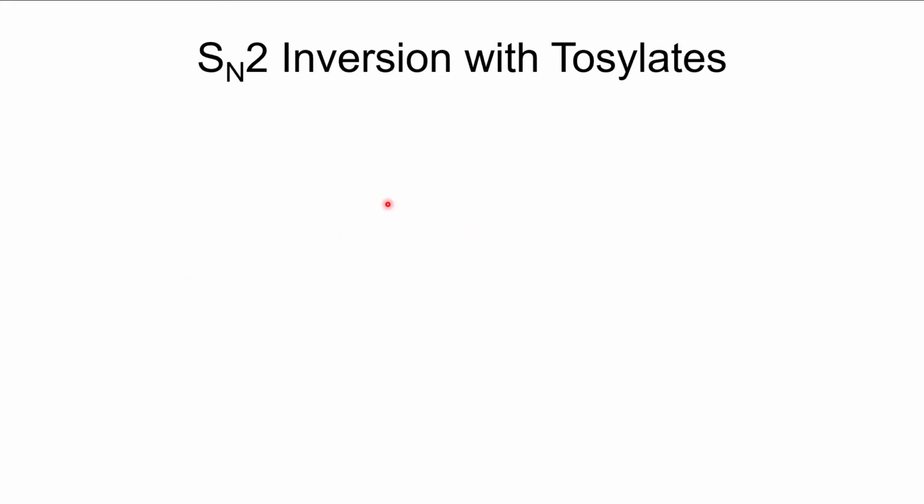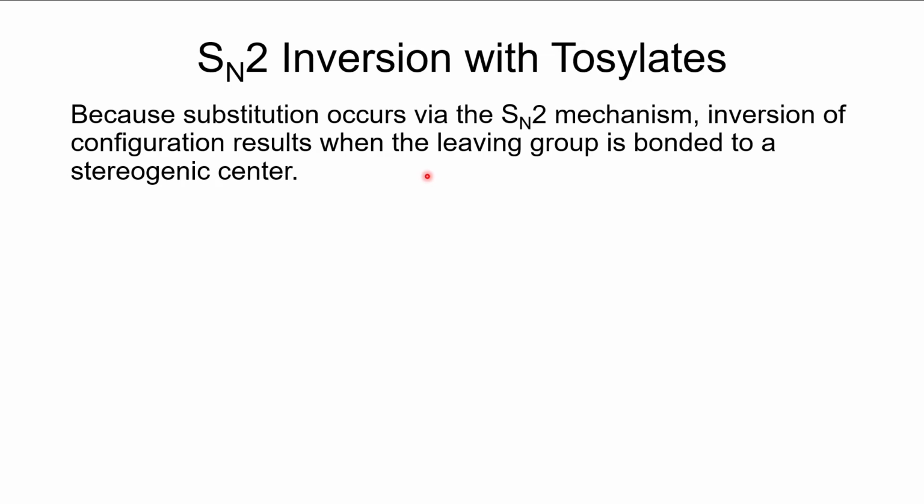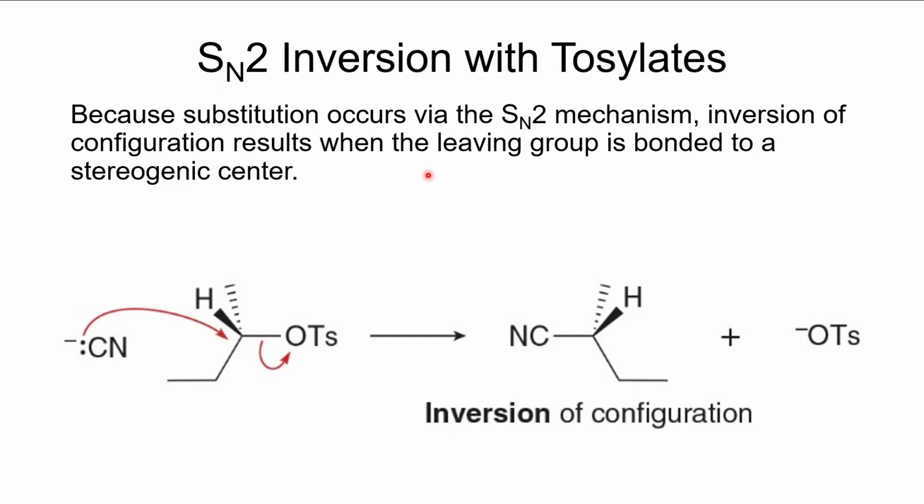Okay, so now for inversion of stereochemistry with the tosylates. We know that we retain the stereochemistry when we form the tosylate, but when we do substitution, that substitution will occur by an SN2 mechanism, meaning that we'll get inversion of that stereogenic center that we started with.